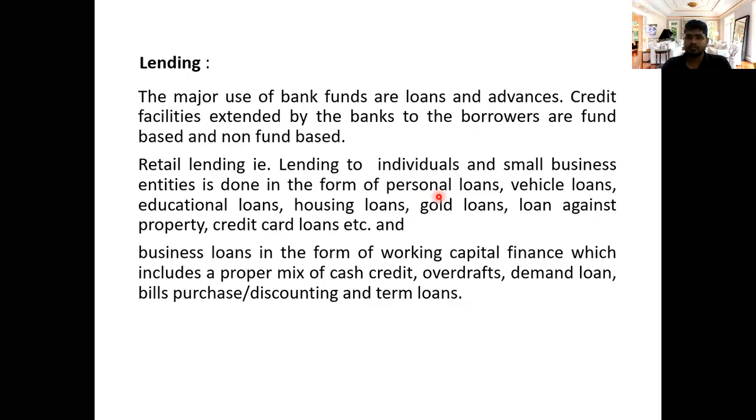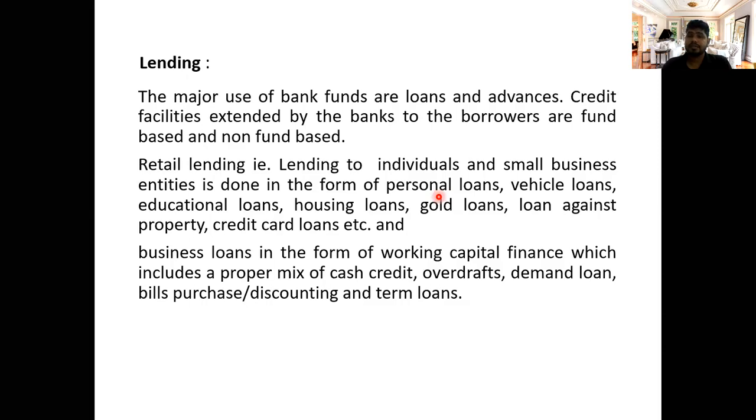And housing loan, many people are enjoying this kind of facility provided by the bank, right? It's long term, 10 years, 15 years term loans, right? Housing loans, gold loans, and pawning, like that, loan against property, right?